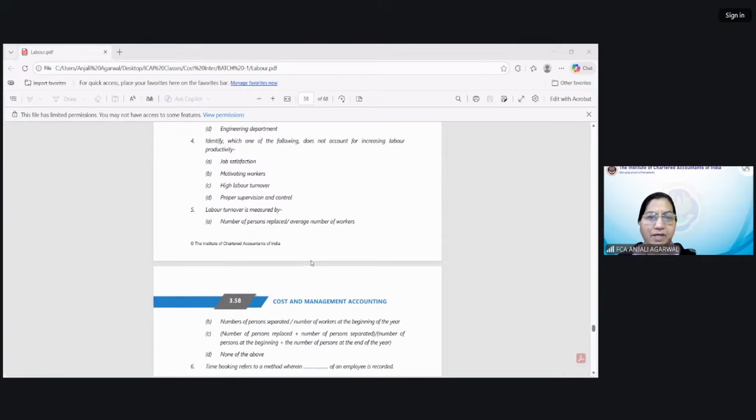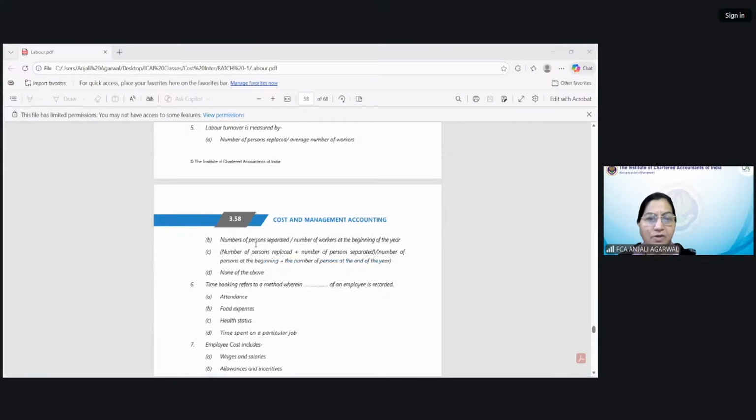Labor turnover is measured by number of persons replaced divided by average, or those separated divided by average, or those replaced plus separated plus new divided by number of persons at the beginning plus number of workers at the end of the year. None of the above. Which one? Number of persons replaced divided by average. Is this one of the ways?